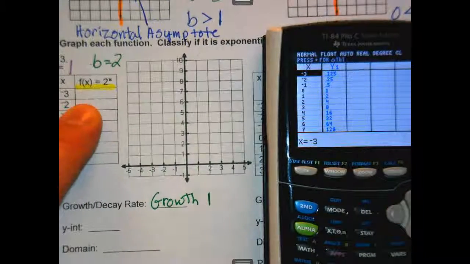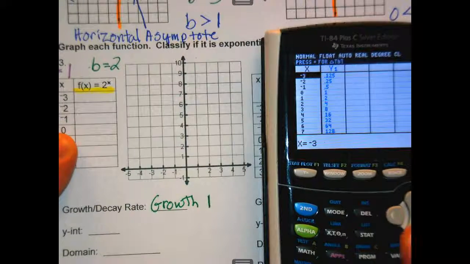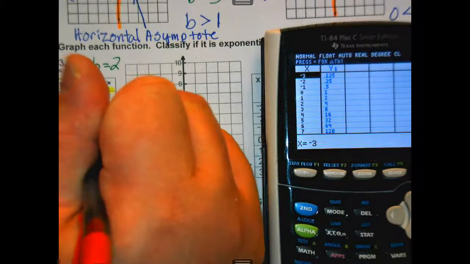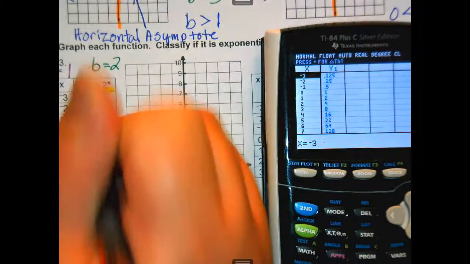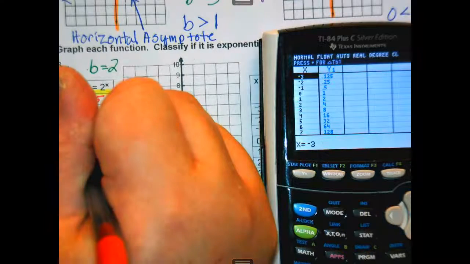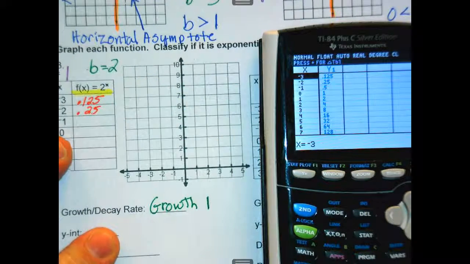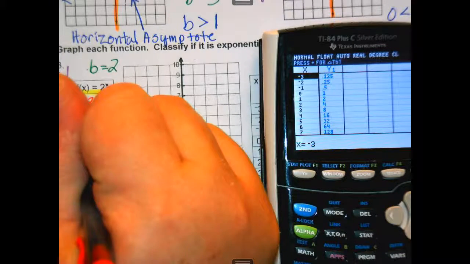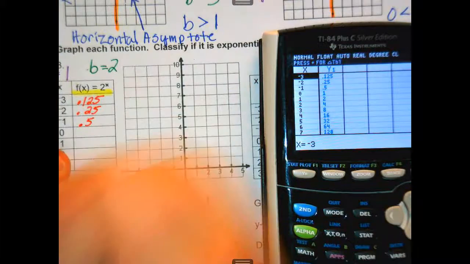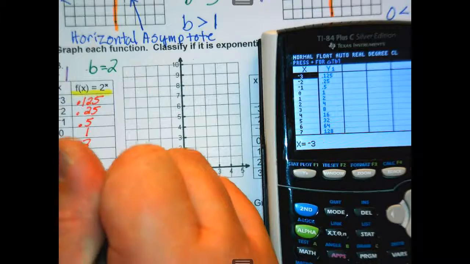Okay, they want us to figure out some points here. They give us the x values, so the y values for -3, 0.125, which is 1/8. -2, 0.25, so that's a quarter. -1 is 0.5, so that's a half. You see what's happening here? 0 is 1. Double 1 is 2. Double 2 is 4.